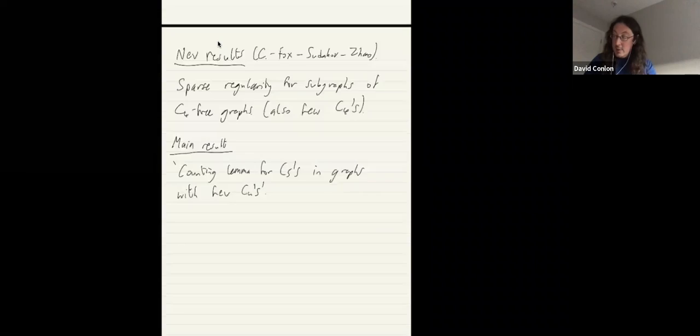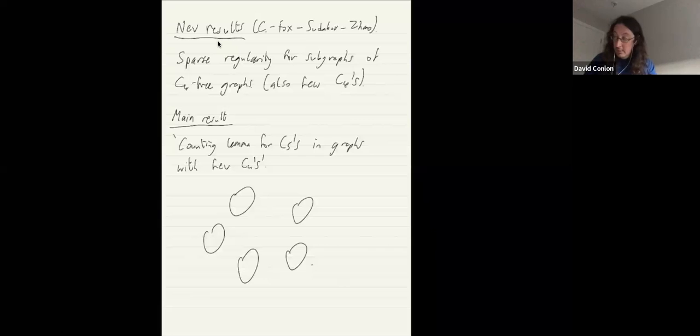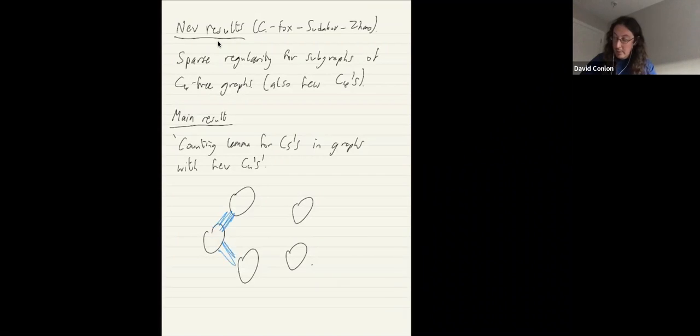Again, the situation should be thought of as being you have 5 pieces, all of which are nice quasi-random but sparse graphs. The density of each of these is some multiple of n to the minus a half. That's the natural density within C4-free graphs. So each of these has density around n to the minus a half between sets of size n. There are very few C4s, so somehow the C4s are small.